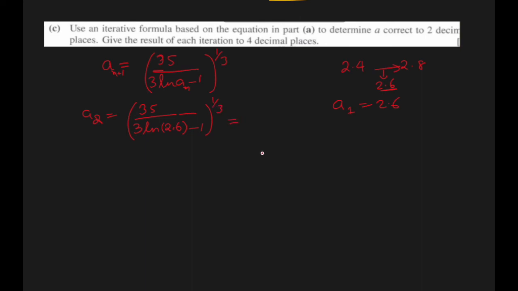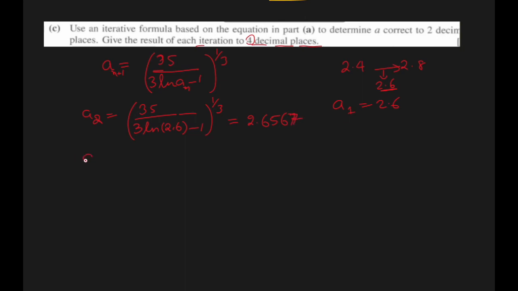And we'll use our calculator. I've already done that, so let me write it: 2.6567. There were some more digits, but I am rounding because they have clearly said to give the results of each iteration to 4 decimal places.